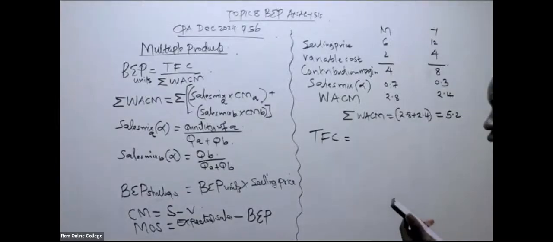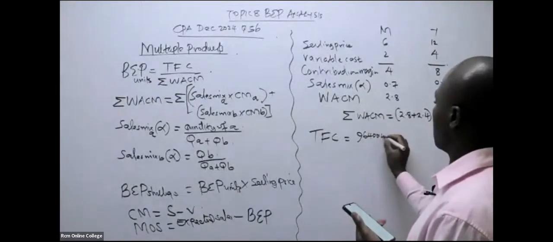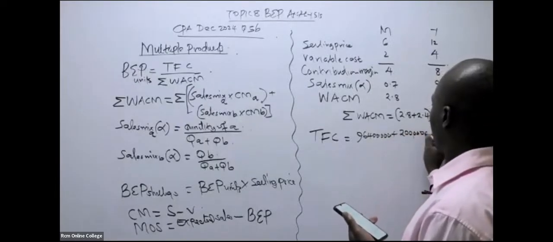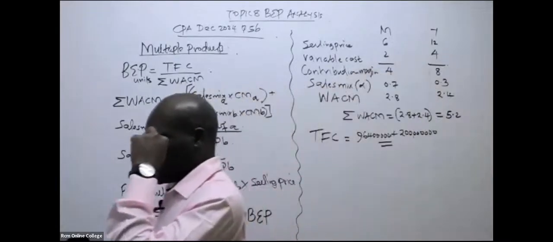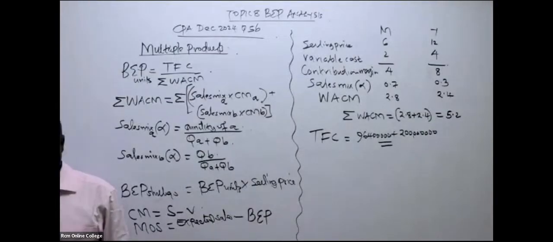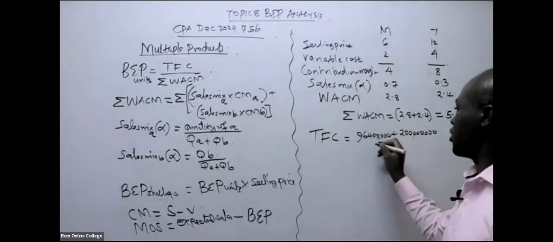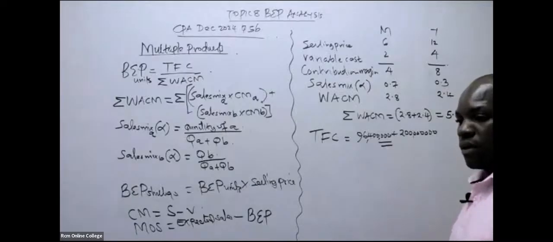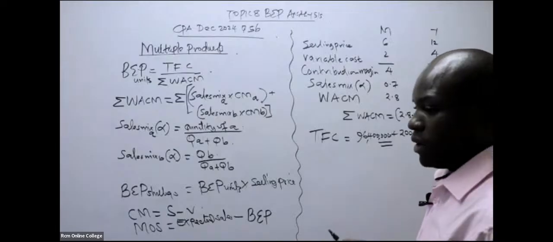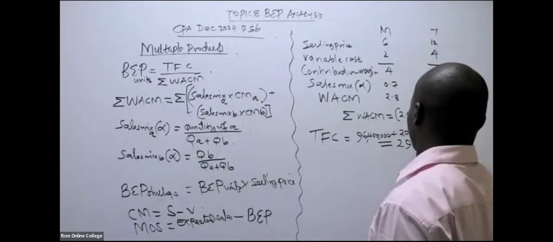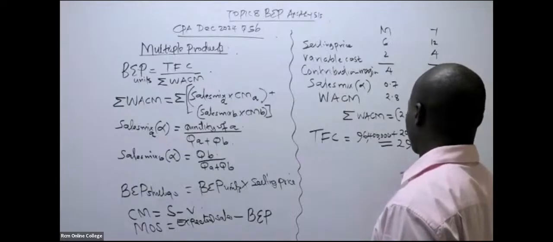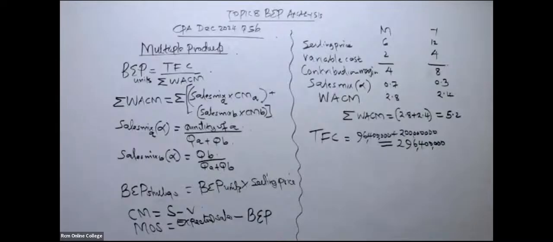So we have to bring all of them together. 96,400,000 plus 200 million. What is your total fixed cost? Good.